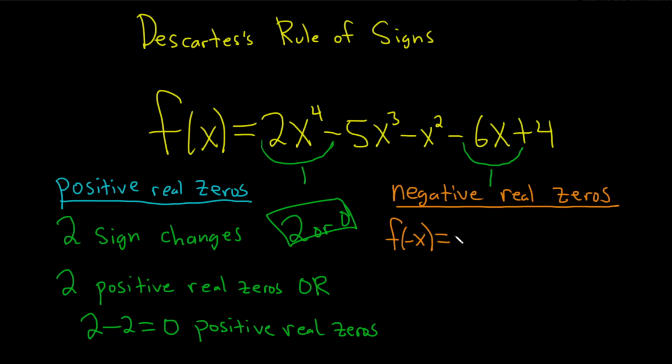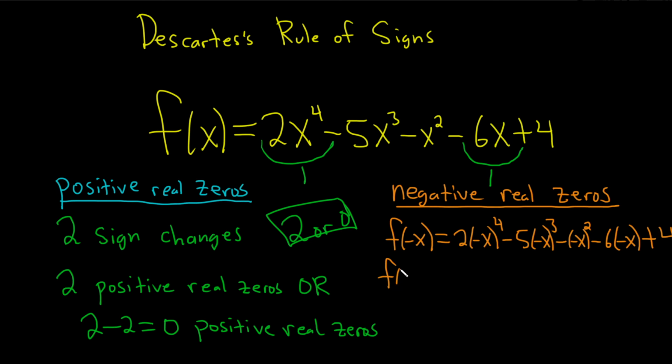So this will be 2 times negative x to the 4th minus 5, and then negative x cubed minus, and then instead of x, it's negative x, and it's squared, minus 6, and again, instead of x, it's negative x, and then plus 4. So just replacing all of the x's with negative x's.